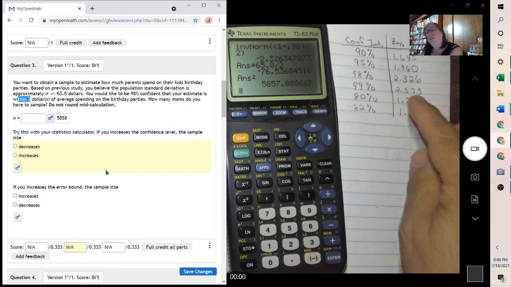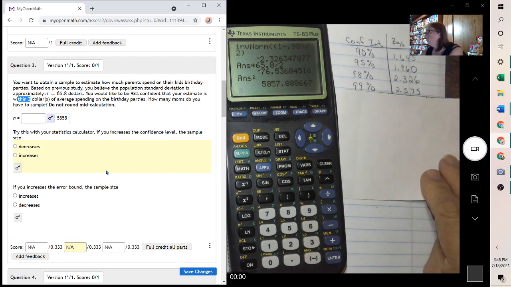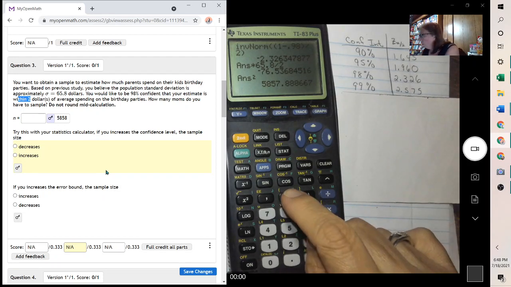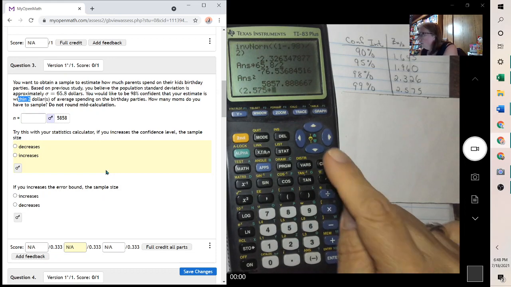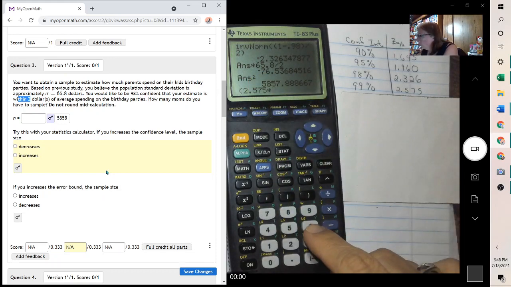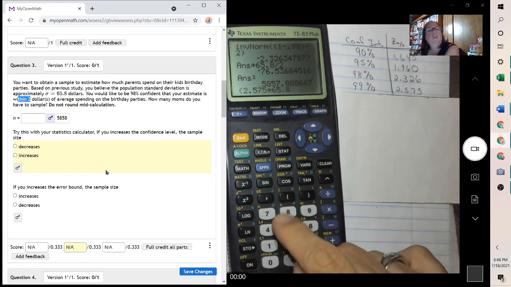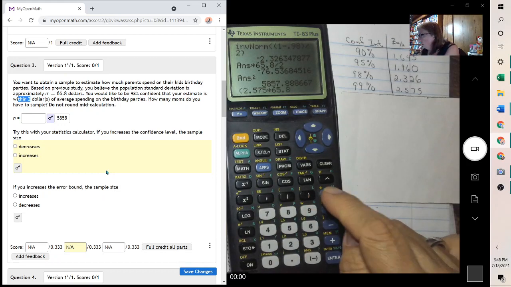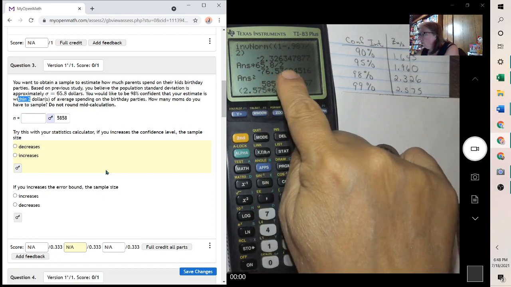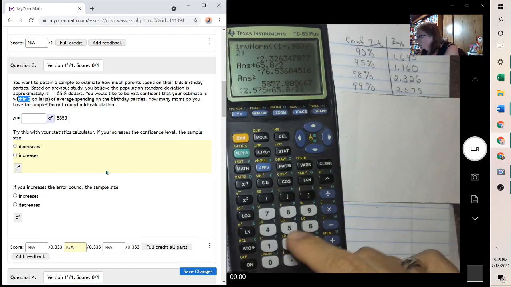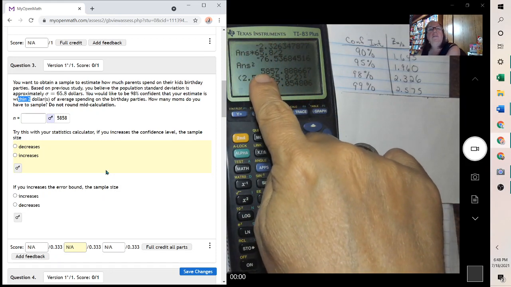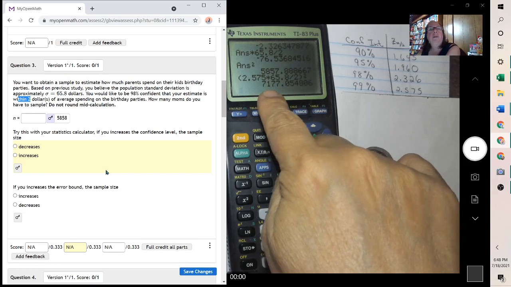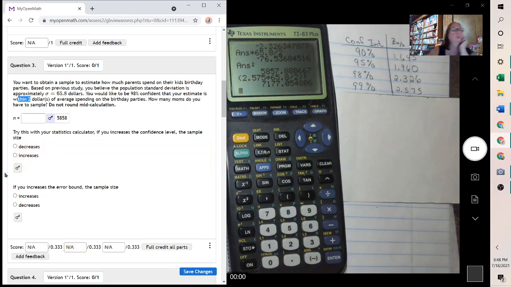And since we don't need an exact value, we can use the rounded part. So 2.575 times the standard deviation, which was 65.8, divided by the error, which was 2, squared. Notice from 58 it went up. So it will increase.